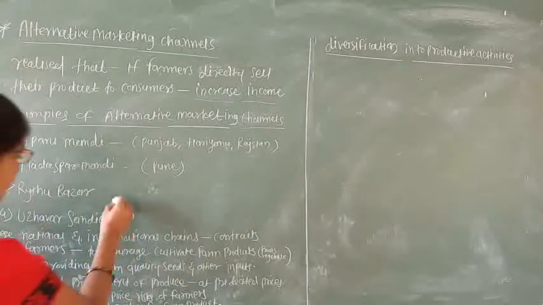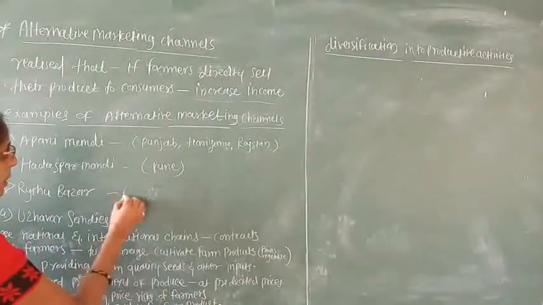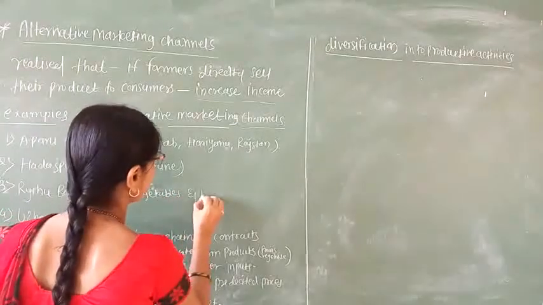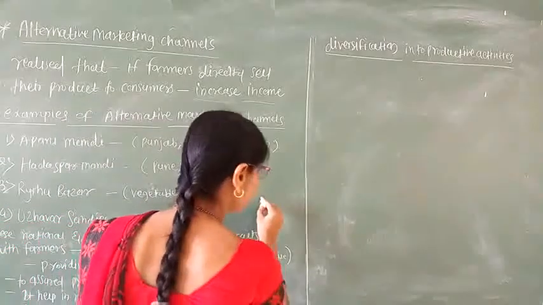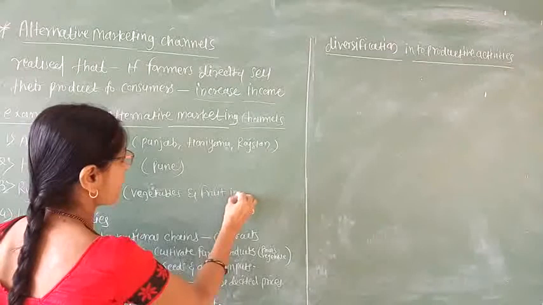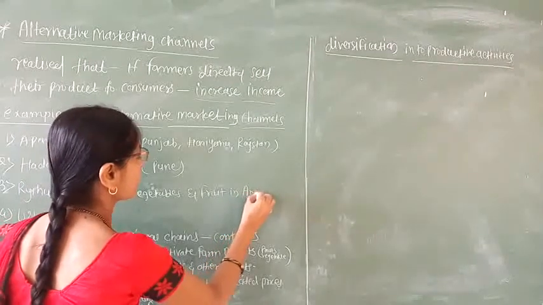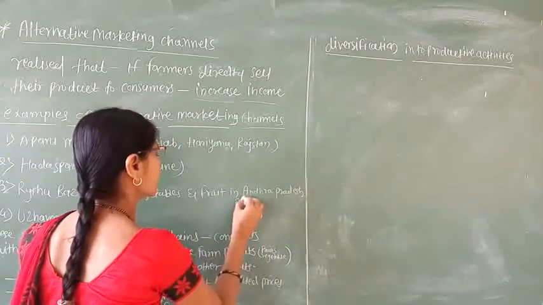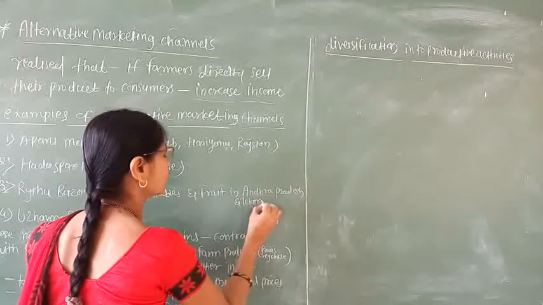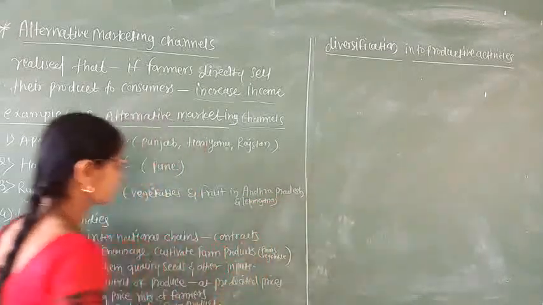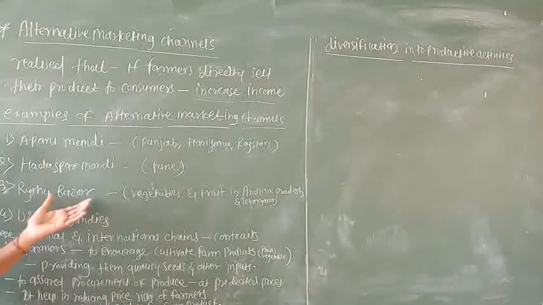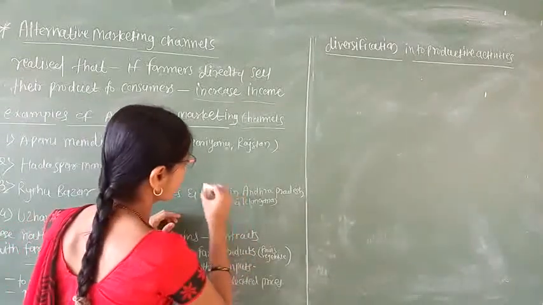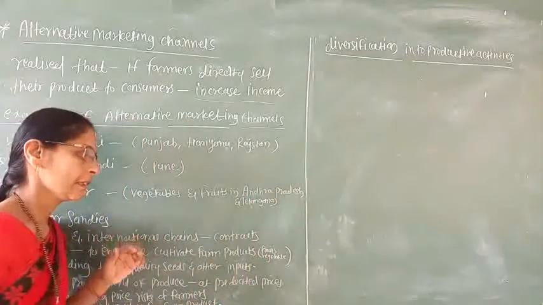And Raitu Bazaar is the bazaar of the vegetables and the fruits, which is situated in Andhra Pradesh and Telangana.